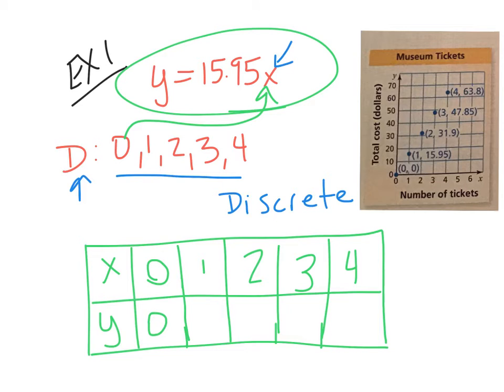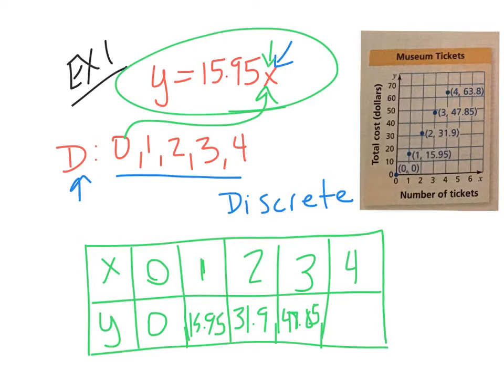Well, that's an easy point. If I plug in a 1, I get 15.95. If I plug in a 2, so that'd be 15.95 times 2, which would be 31.9. If I plug it in for 3, I get 47.85. Sorry, that's a 7.